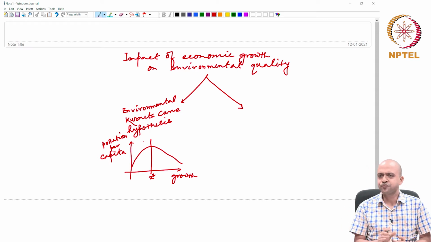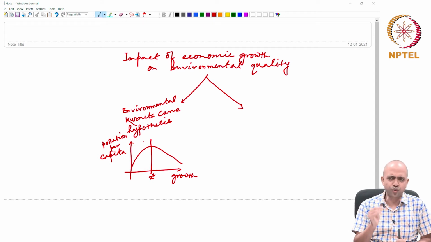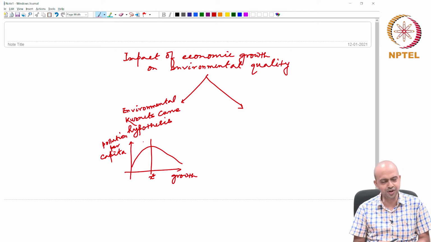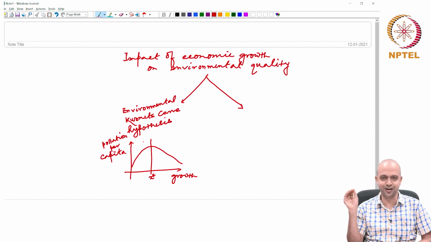So this school of thought says that while growing, an economy should not bother much about environmental quality, because growth itself will take care of all sorts of environmental problems once a certain level of per capita income is achieved. The impact of economic growth on environmental quality is basically self-correcting.